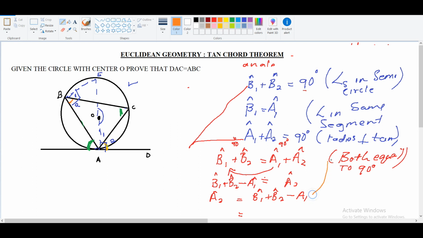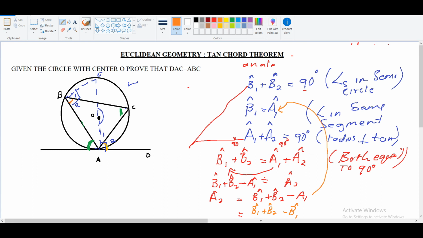But remember what we said here? We said A1 is equal to B1. So you can substitute either A1 or B1 with the other. I choose to replace A1 with B1. B1 plus B2 minus A1, and in the place of A1 I put B1, right?